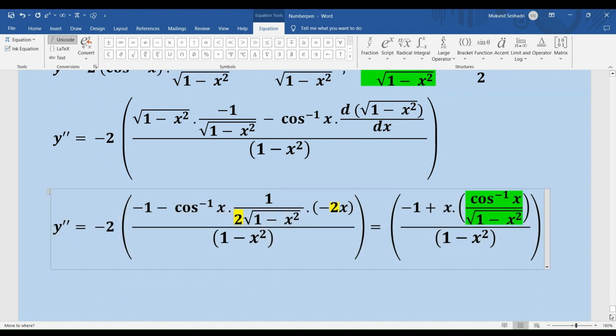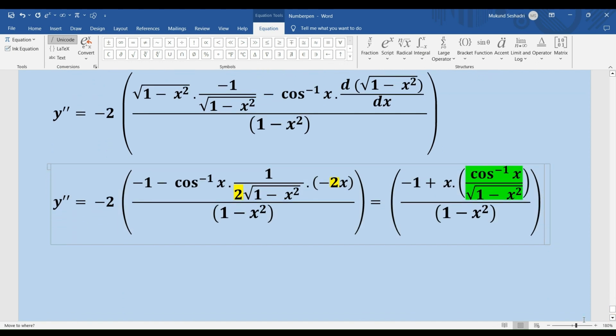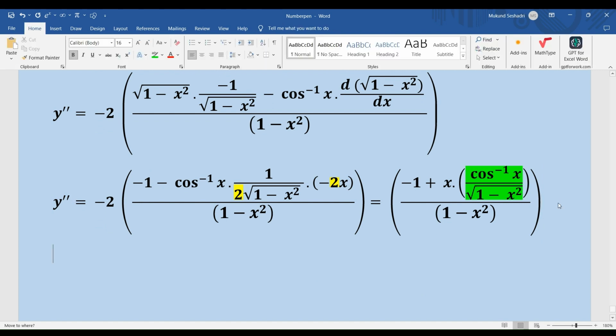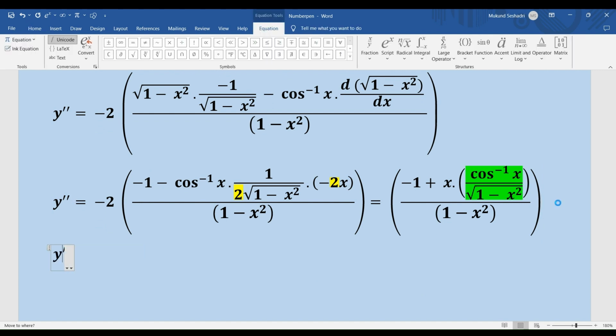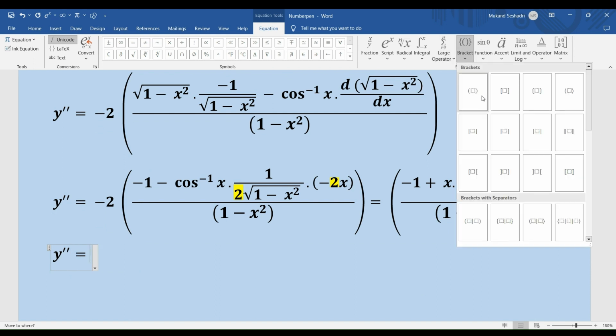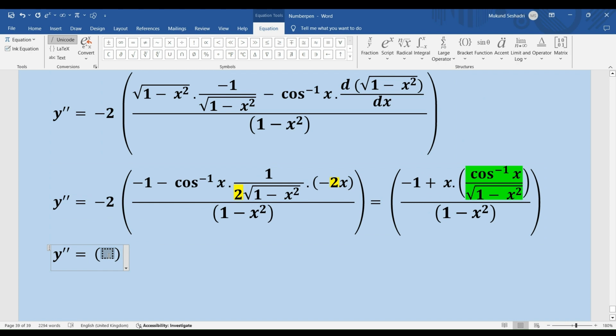And that is what I'm going to do in the next step. y double dash is equal to minus of 1 plus x times minus y dashed by 2, right? Based on the working that we did just now.